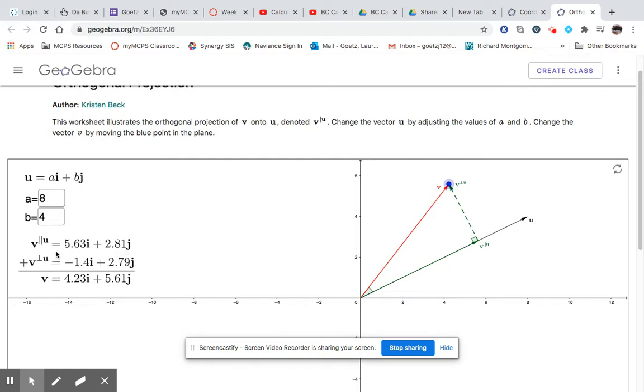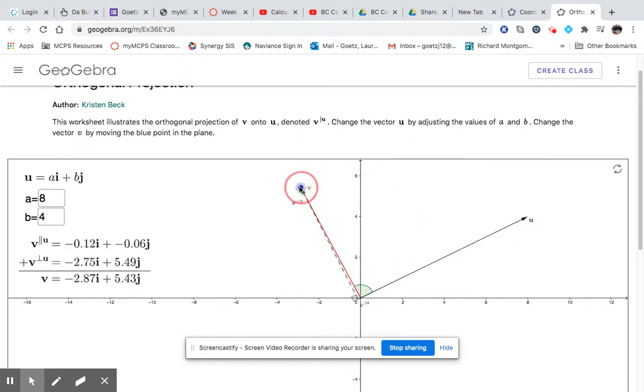So here's the addition of the parallel component and the perpendicular component gives me the red vector. Crazy. All right.